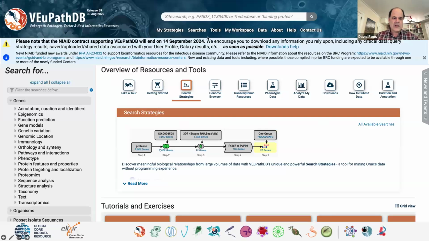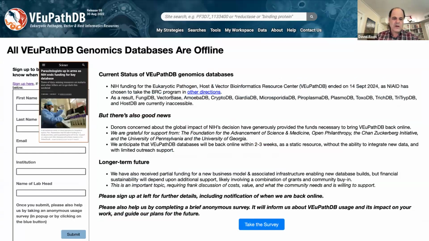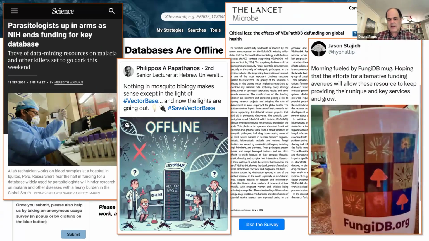Here is the note on the VEuPathDB page when we posted an announcement when we learned that VEuPathDB resources would not be continuing after the middle of September. You may also recall having observed when you tried to navigate to FungiDB in late September that all these resources were offline, and this prompted quite a lot of concern in the popular press, in the scientific press, on social media.